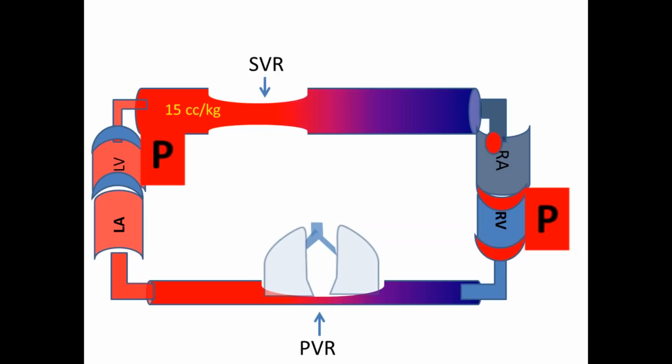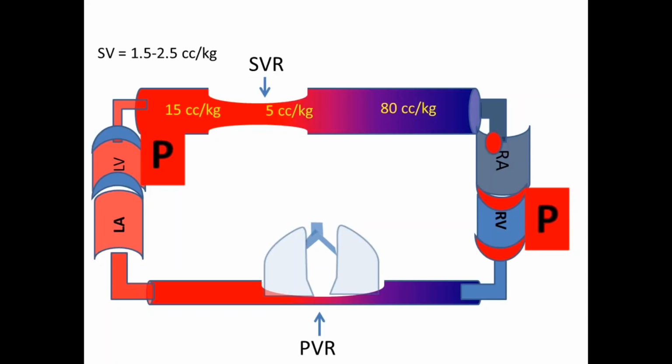So we have 15%, which is almost 15 cc per kg in the arterial compartment. You have only 5 cc in the entire capillary. See how tiny the capillary is. So the entire body capillaries contain only 5 cc per kg of blood, and we have 80 cc of blood in the venous compartment, which is the capacitance and the reservoir of the blood in the baby's body.